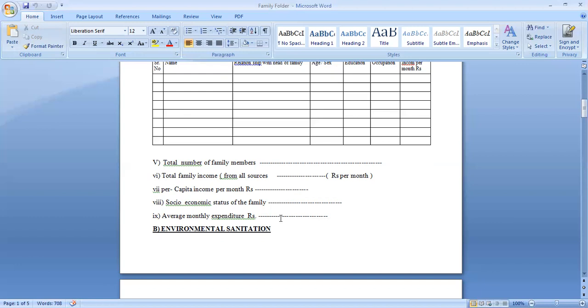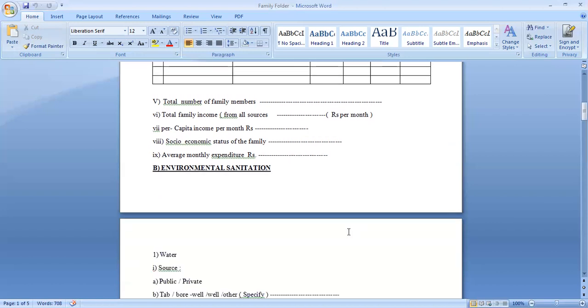For example, he keeps a contingency amount for meeting any medical emergency or medical need, or every month he may not be paying fees for the children, but he saves an average amount per month. So this is all included, and including all these things you can get the average monthly expenditure in rupees that you have to mention here.